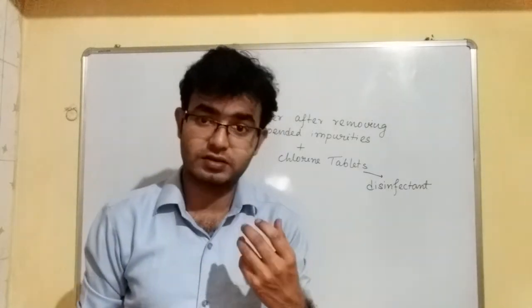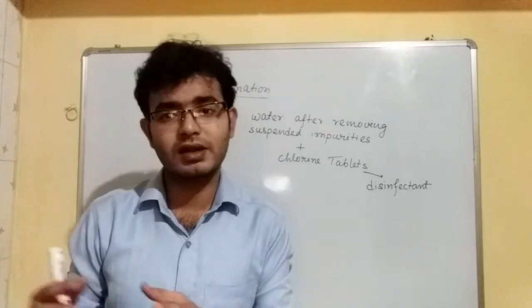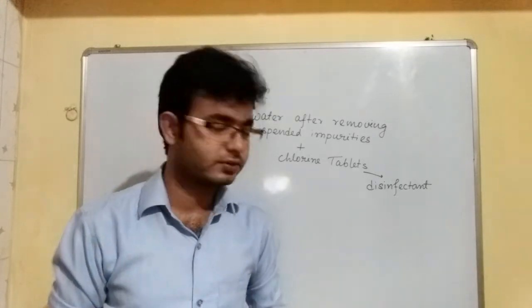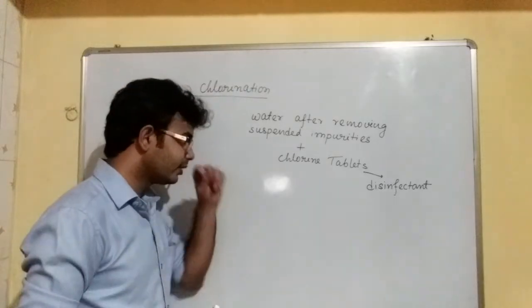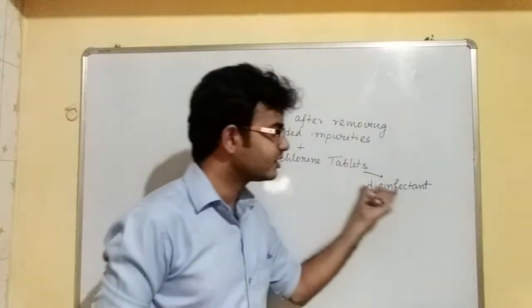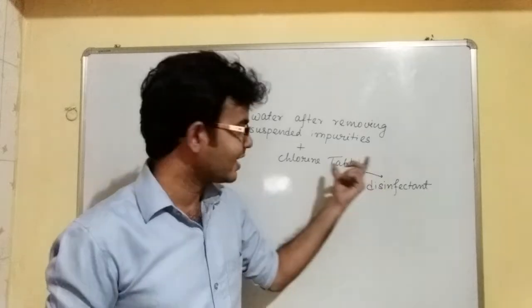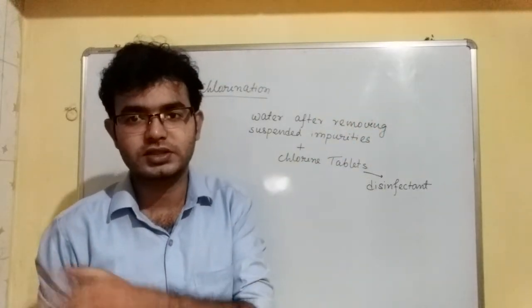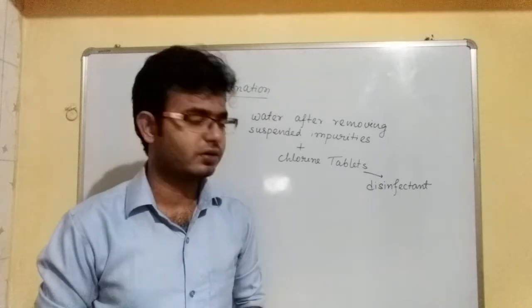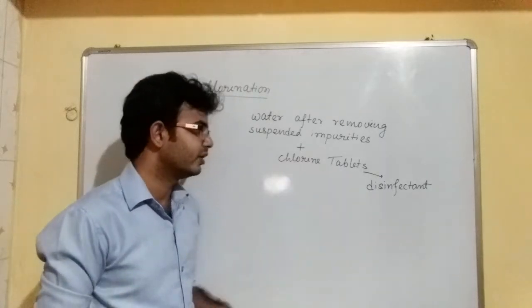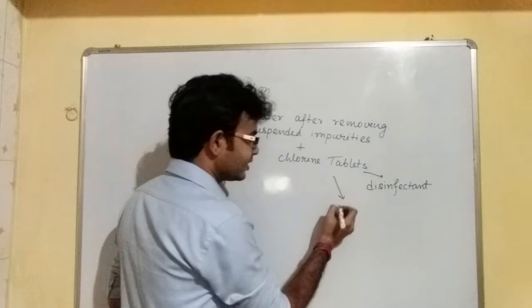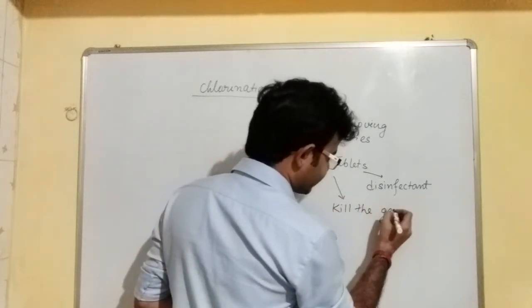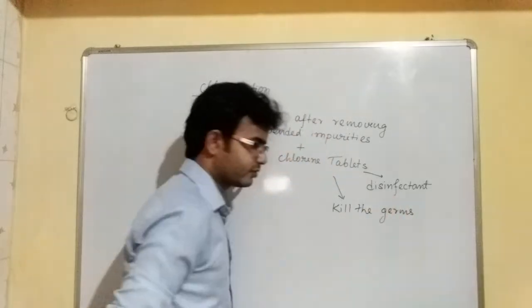Disinfectants work like antiseptics, but these are used for non-living bodies. So chlorine tablets, which are a disinfectant, are added to the water after removing the suspended impurities. What will happen then? These chlorine tablets kill the germs present in water.